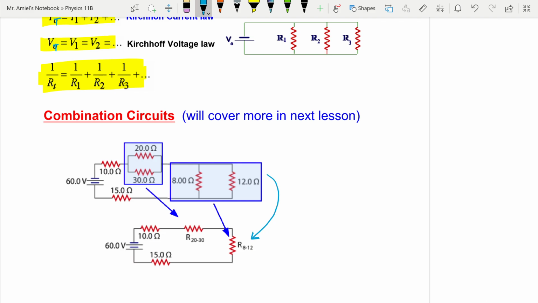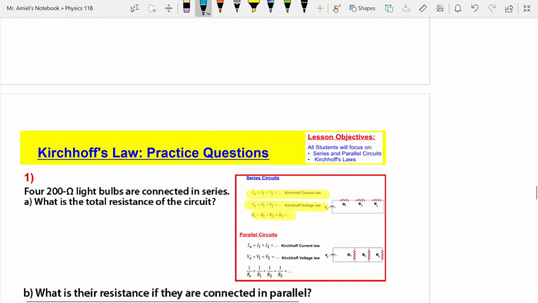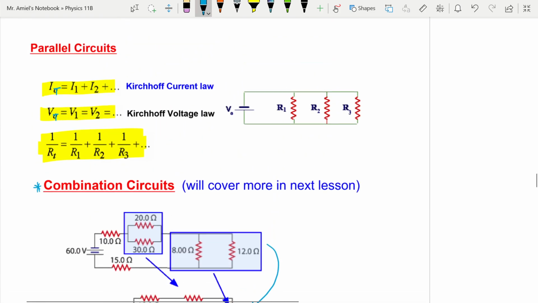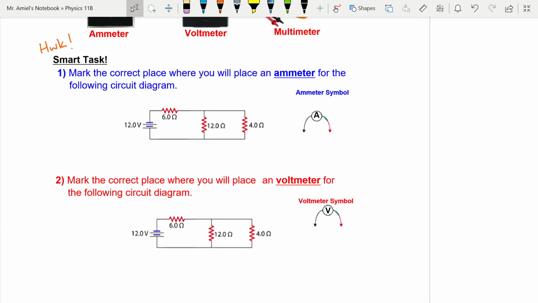But actually we're going to save this until after we do our practice questions, and we're not going to get into those practice questions until we know exactly where we're going to place our ammeters and our voltmeters. So I want you to know what these things are and where you're going to place them in the diagrams, and I'll see you next time.